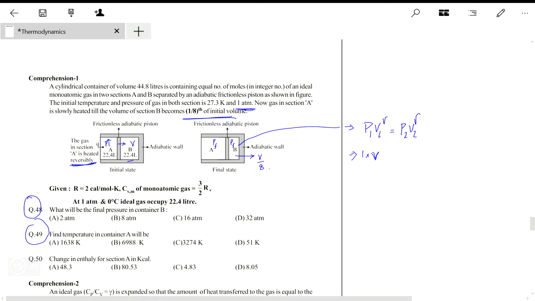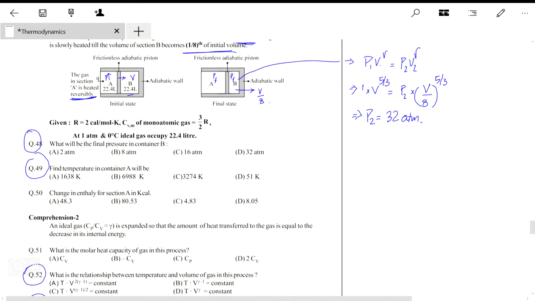V1 is V. It's a monoatomic ideal gas, so the value of gamma is 5 by 3. That is equal to P2 into V by 8 to the power of 5 by 3. You can solve for P2 using this. So that would be 2 to the power 5. P2 is 32 atm.